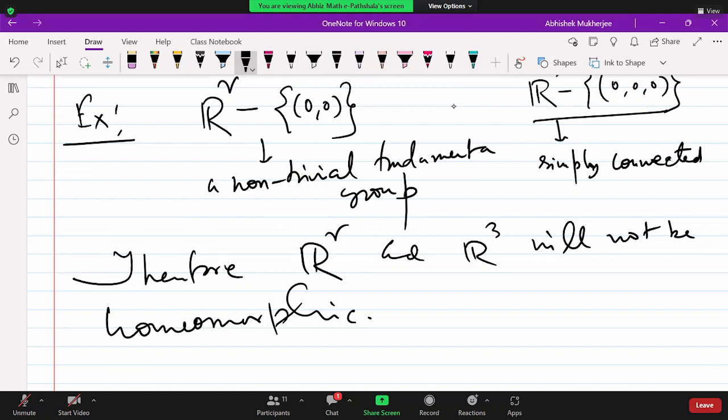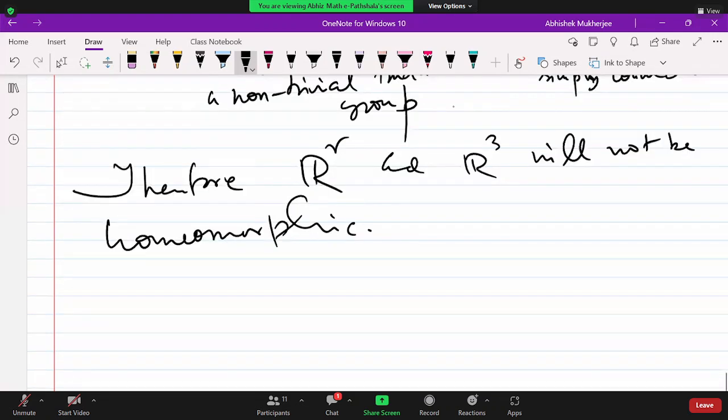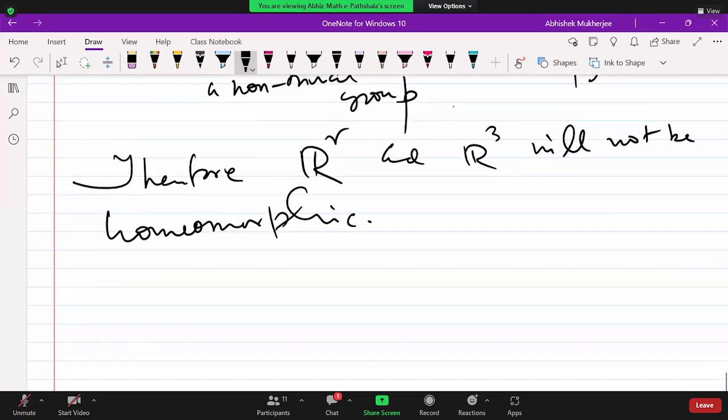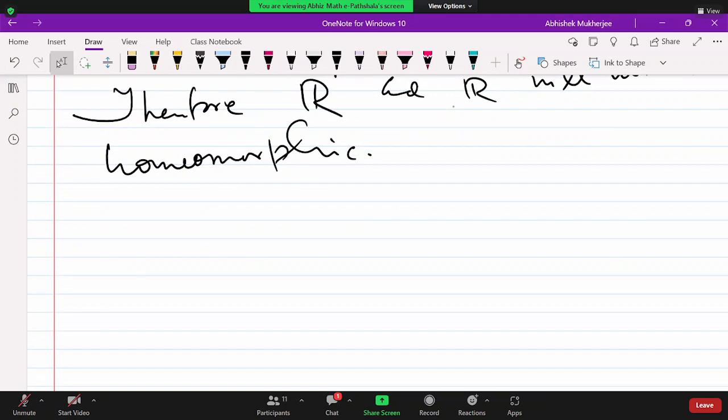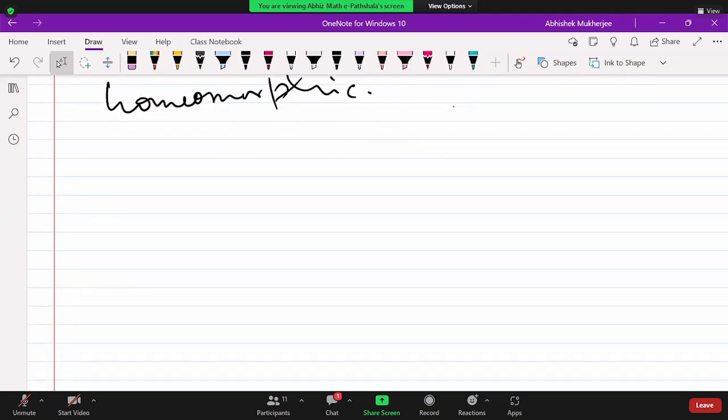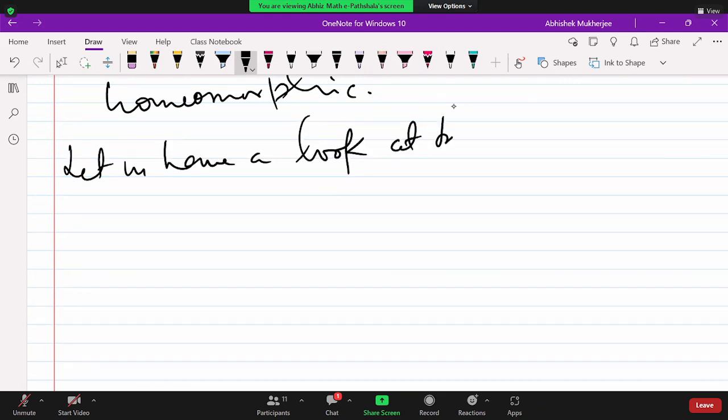I think I can spend 5 minutes more. So let me just explore a very nice example before going to the definition of what is meant by a covering map or covering space. So let us have a look at the following example.